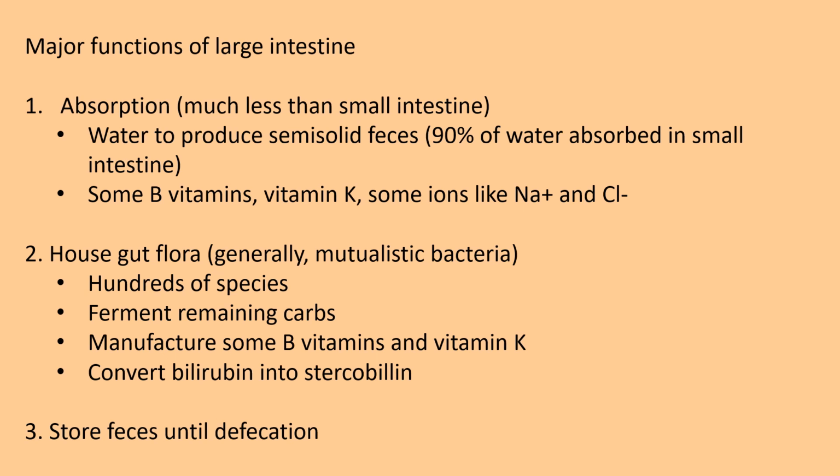So this is why you can eat bananas and mangoes and avocado and spinach and everything comes out brown, because it contains stercobilin. And then the third function of the large intestine is to store feces until defecation.